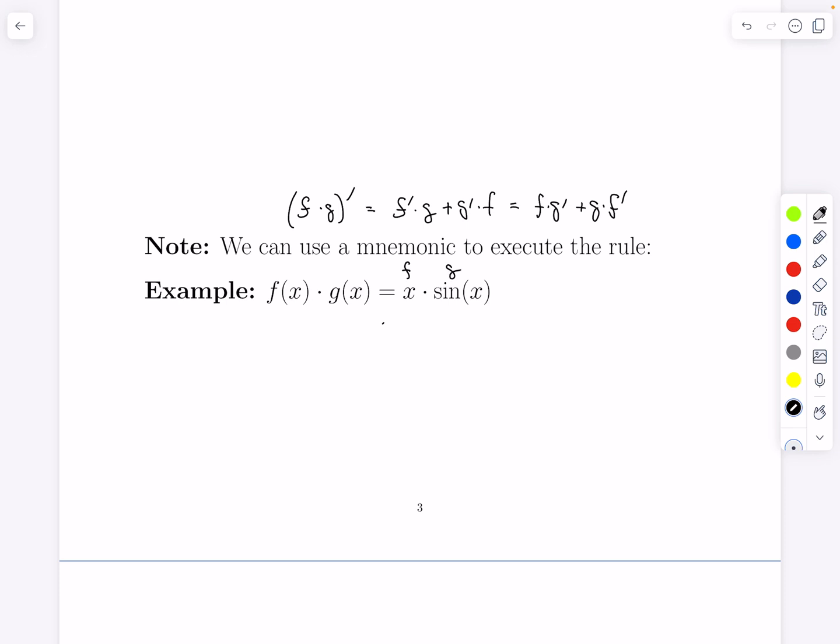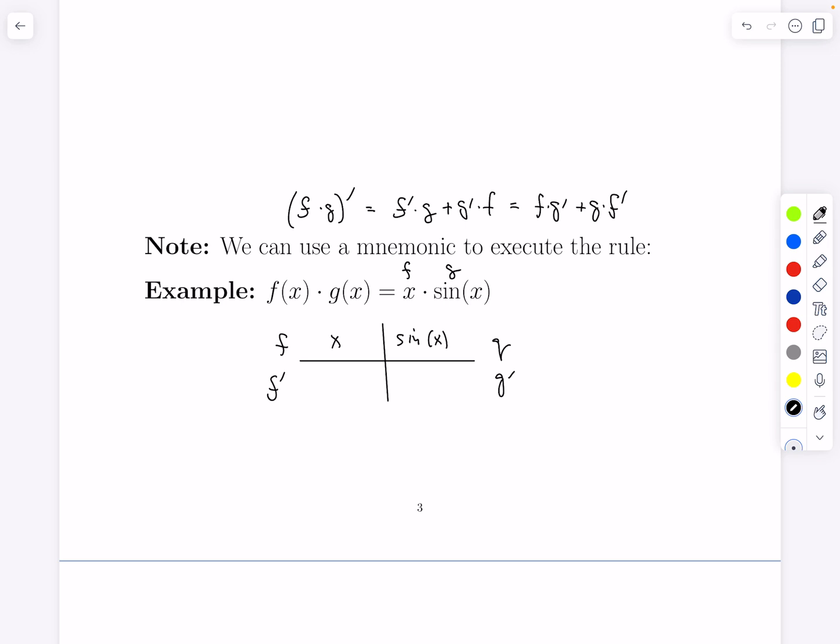And to execute the mnemonic, we make a table. Here we write f and here we write g, so everyone can do this. F is x and g is sine x. And in this formula we need f prime and we need g prime. So we write out those two.